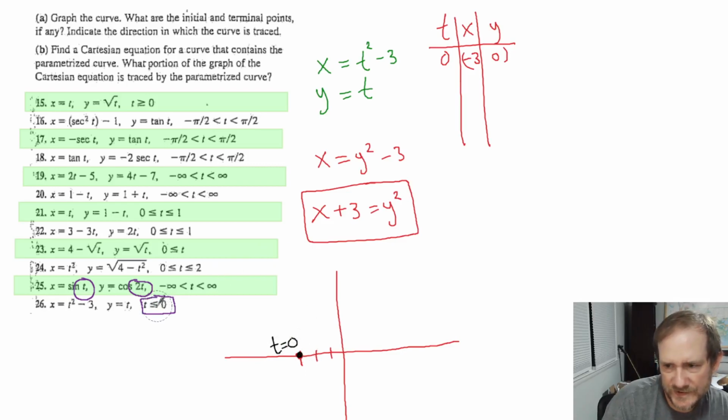Now it does say the t's have to be positive. So if I go to 1 now, then I'm getting 1 minus 3 is negative 2, and 1. If I go to 2, I get 1, 2.